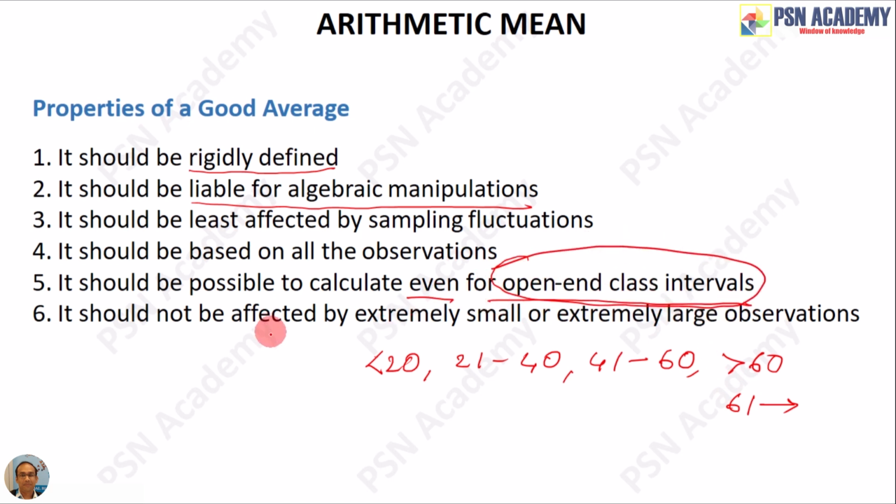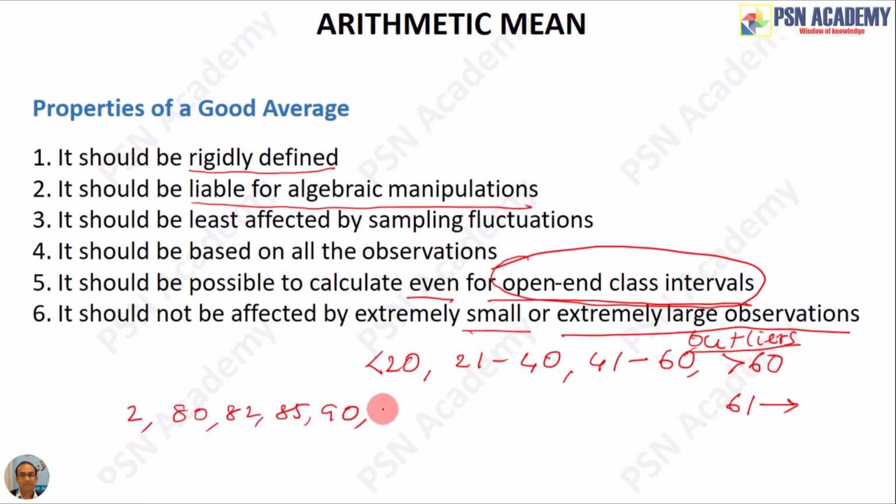And one more thing, your average should not be affected by extremely small or extremely large observations. These are called outliers. Now what an outlier is: suppose there is a number 2, then suddenly you get to 80, then 82, then 85, then 90, say 95, and on the other side you see 550.